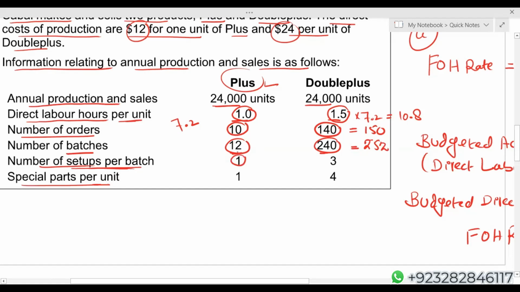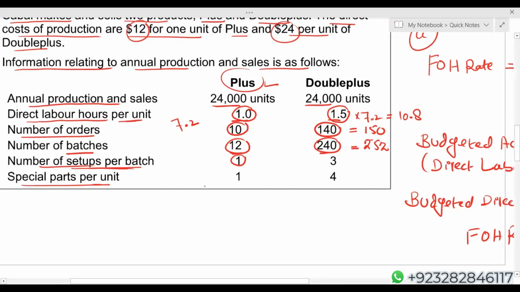Now, student, try to understand. Plus is having number of batches 12, and per batch, one setup is required. Let me repeat: for the plus, there are 12 batches, and the number of setups per batch is 1.